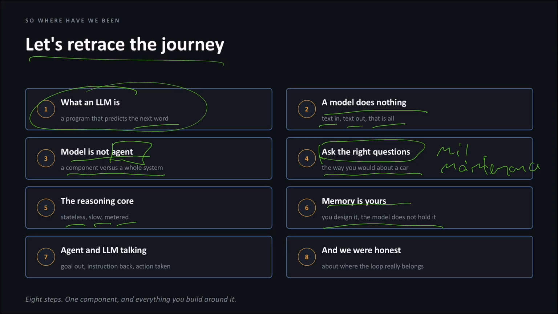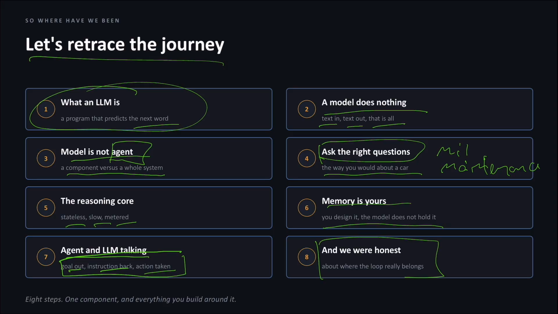You have to design your memory specifically, as we saw, where the persistent memory and the context memory have to be designed. Agent and LLM talking, how interaction happens between the agent and LLM: the goal out, the instruction back, the action taken, and we are honest about where the loop really belongs.